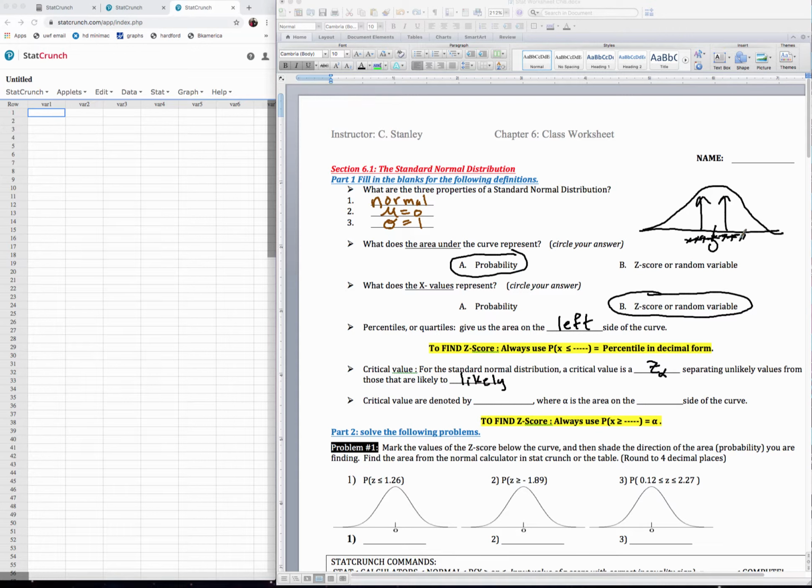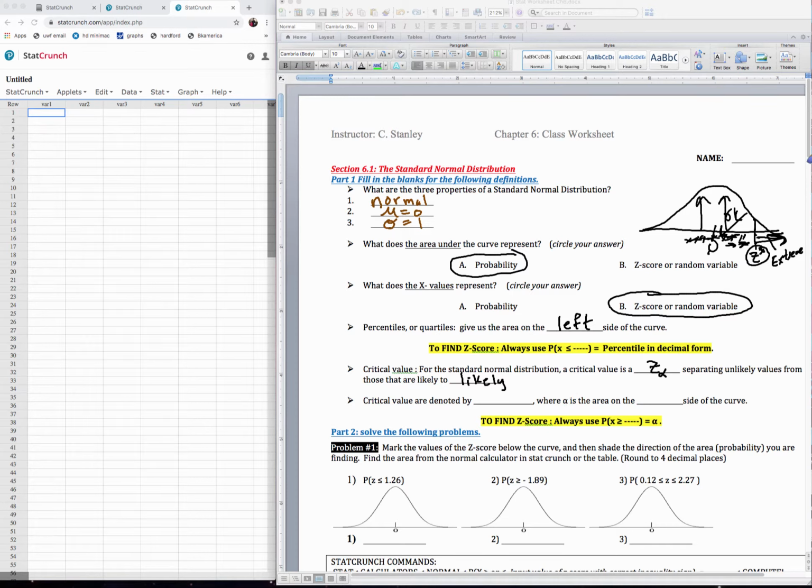So there has to be a point where we get farther away from the norm that we start to say, hey, something's wrong. We'll call this z-star, the z-star that separates the okay values from the extreme values. Any z-score here or higher, we would consider maybe out of the ordinary. Okay?